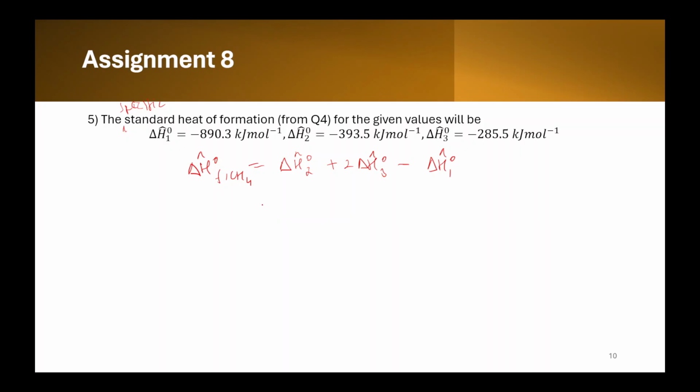So we are given the values. So H2 is minus 393.5.